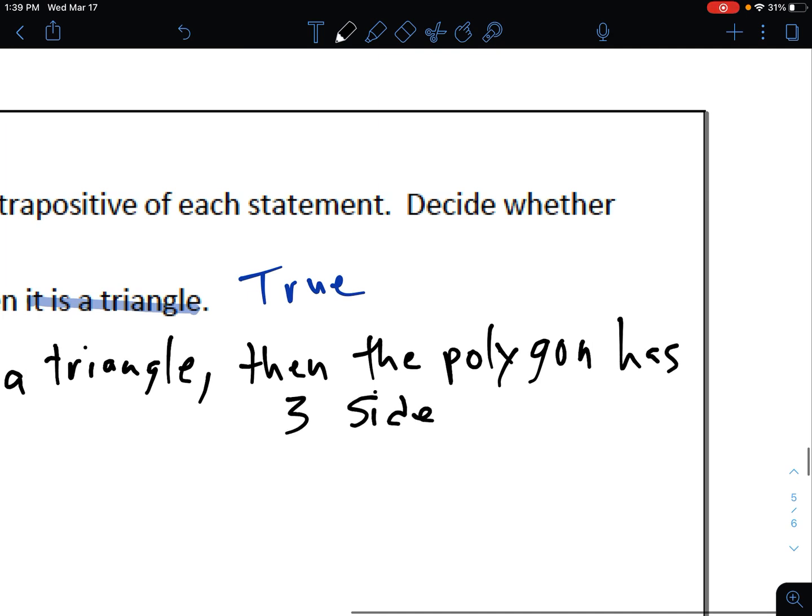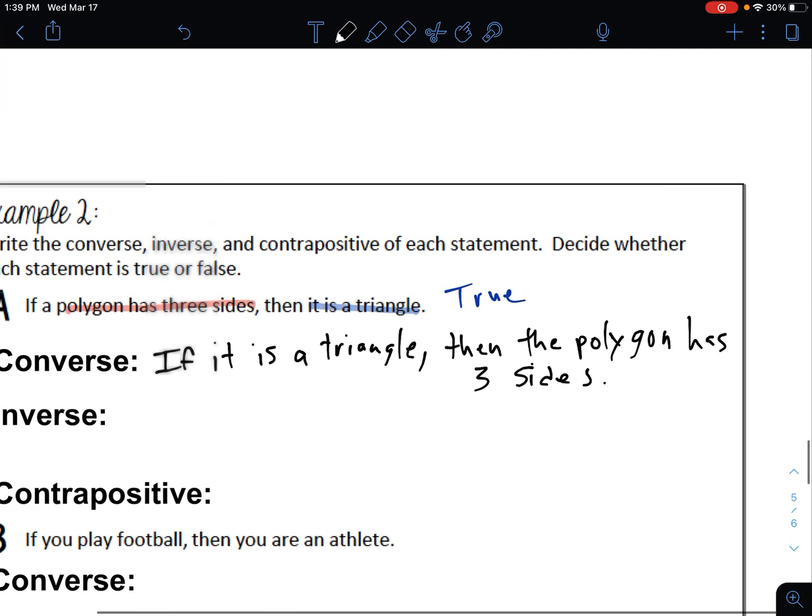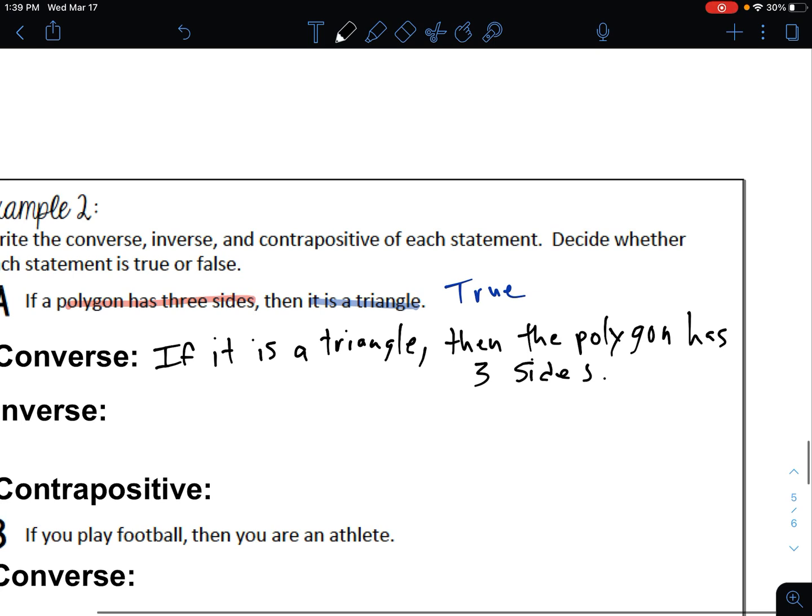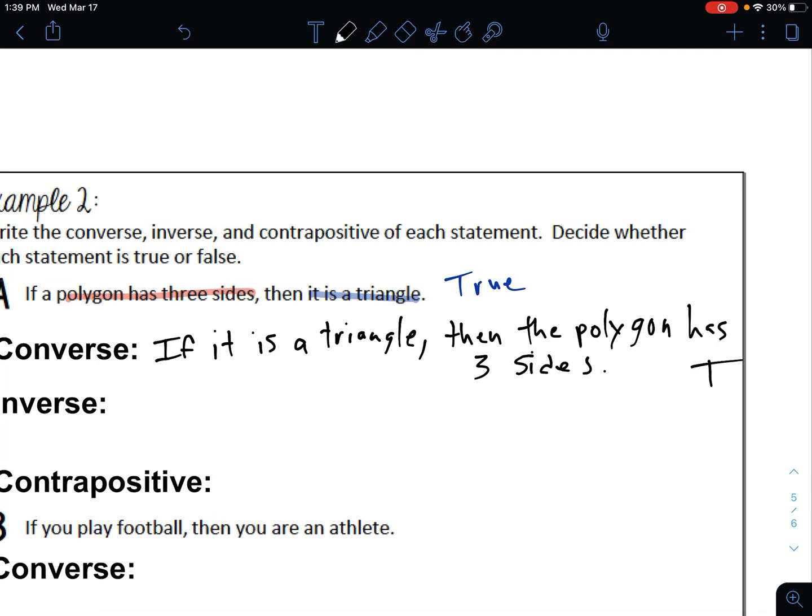As you're seeing, this is going to be a lot of writing, so if you want to use the typing function to make your sentences, go right ahead. I'm not going to worry too much about that. Let's see if that's a true statement or not. If it is a triangle, then the polygon has 3 sides. Now, that's true.